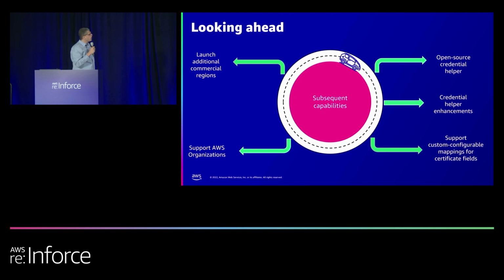Also, we are working on supporting AWS Organizations, which will give you a central view to manage your IAM Roles Anywhere resources, and where you can share them across different accounts. And last but not least, as I mentioned, IAM Roles Anywhere was launched in most of our commercial regions, but we are also extending that feature to additional commercial regions.